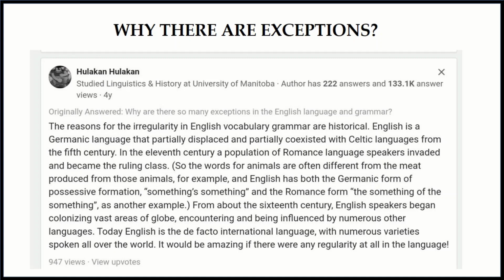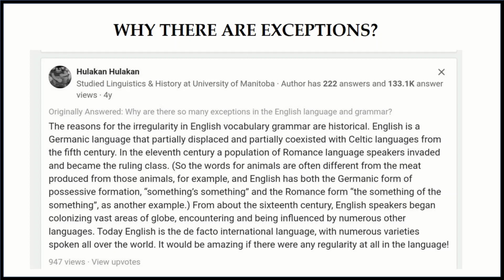So, English actually has the Germanic form of possessive formation as well as the Romance form, another sense of possessiveness, like the something of the something. So, the possessive formation, there are two kinds. Like we have that apostrophe s, and another is just simply saying something of something.